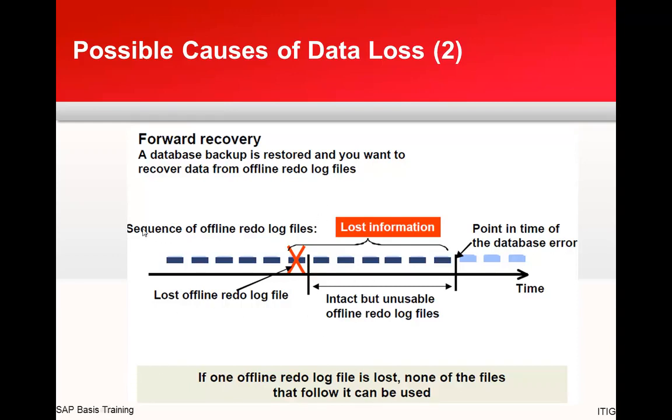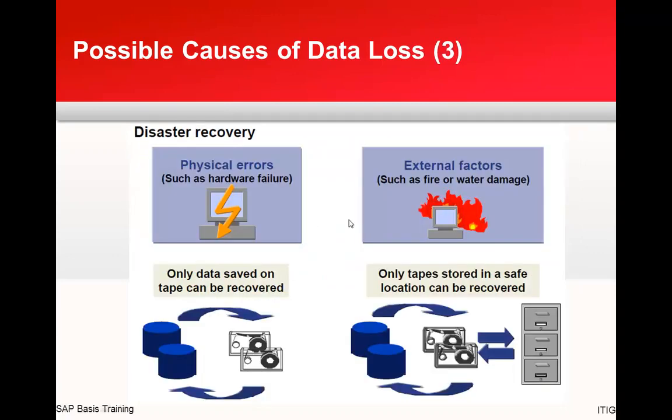You have a sequence of offline redo log files and the last offline redo log file, and this is the point in time of the database error, and you can recover up to this point.